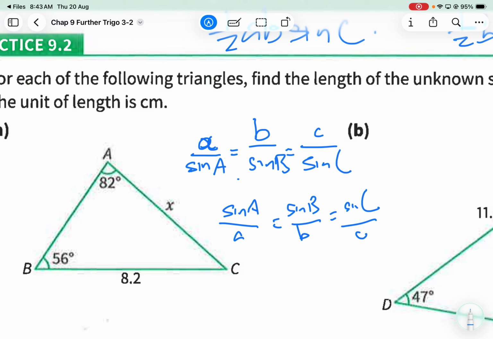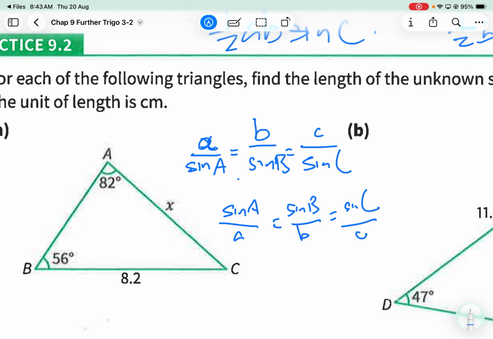Okay? Then in this case, I want to find x. x is a side, so I will want to use this first form, because in this first form my side is on top. Later, solving the equation will be a lot easier.